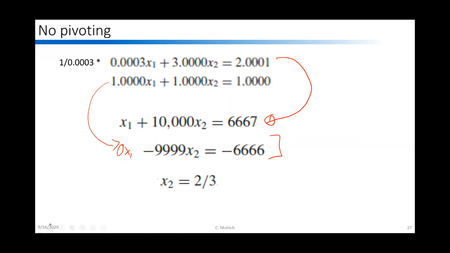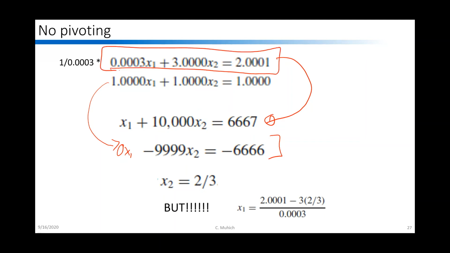Okay, this isn't so much a problem. But what happens when I back substitute into that first equation? So when I back substitute in up here, I have x1 equals 2.0001 minus negative 3 times 2/3 over 0.0003.